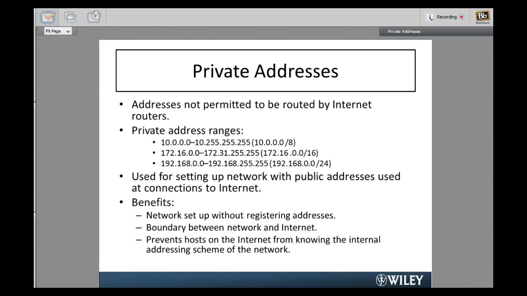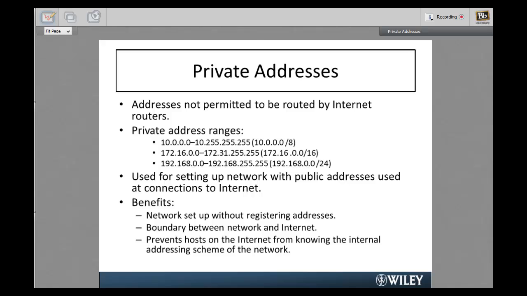Okay, so we are about to finish. These are the private addresses. Whenever you find this range, it means that the address is private. In other words, it means that the address cannot be dealt with on the internet. It is for use only inside your network.